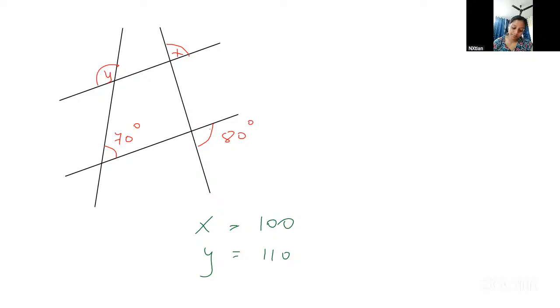Okay, I got it. So, Abraham, what you did is this angle is 180 minus 70, that is 110. So Y will also be 110 because these are corresponding angles.